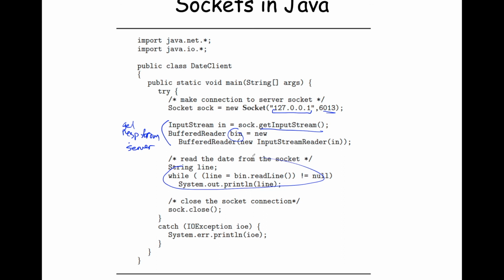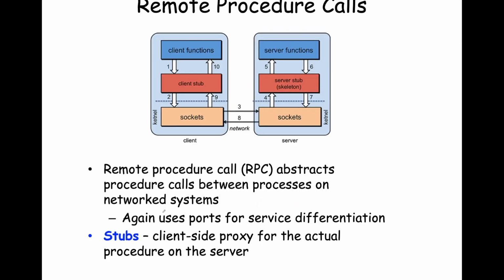And so you create the socket connection. The request is sort of a null request. Just by creating a connection, the server is going to see that connection request, and it's going to send the date across. The client reads the date from the server, that response, and then the client closes its side of the socket.